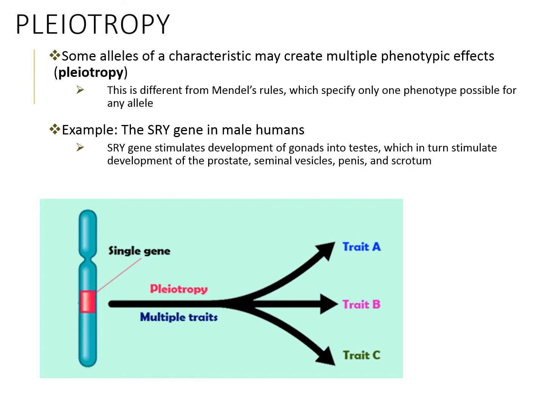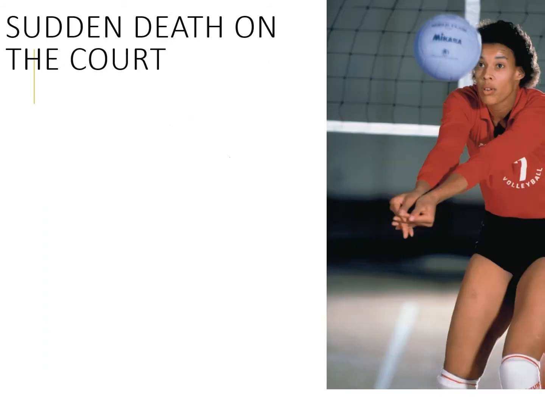And that is because in this example of pleiotropy, this one gene, the SRY gene, regulates other genes. So it'll turn on and off a whole bunch of other genes, which lead to the development of a whole bunch of different traits.